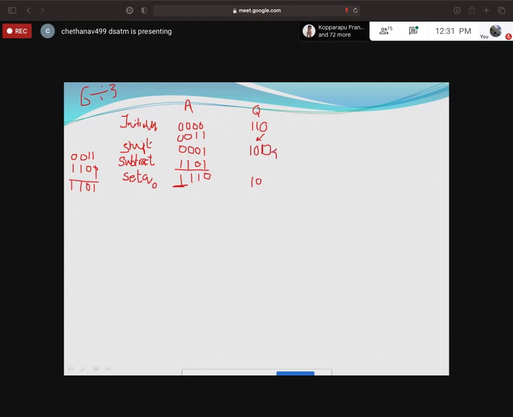This empty space I'm going to fill with 0. After this, since this is 1, what's my next thing? Can you tell me? Very good. We have to restore the value of our register M, that is 3. Restore it.